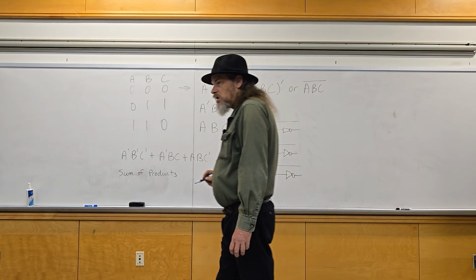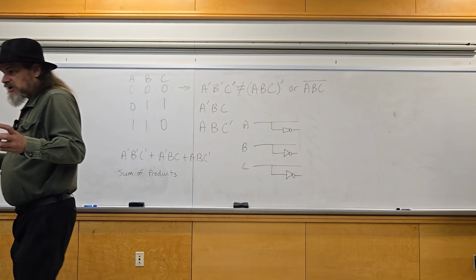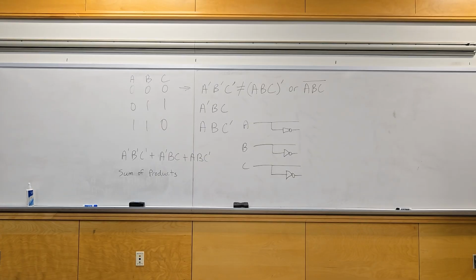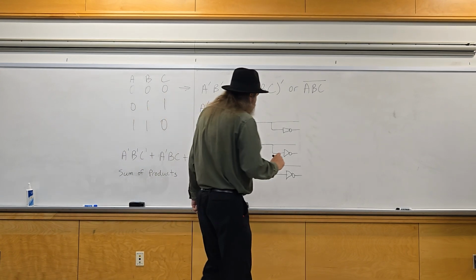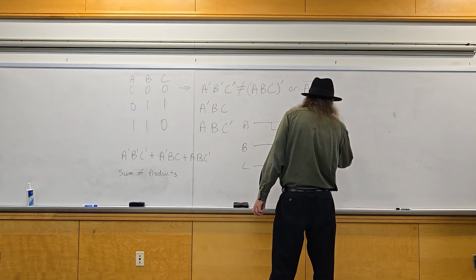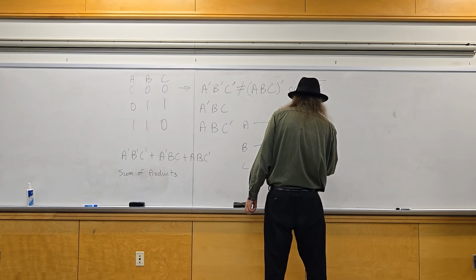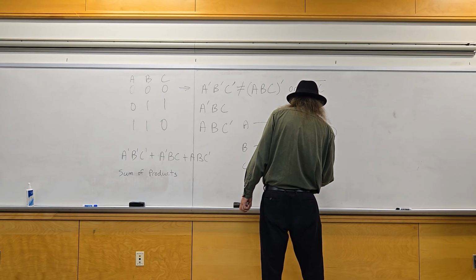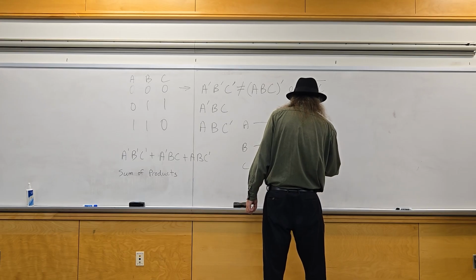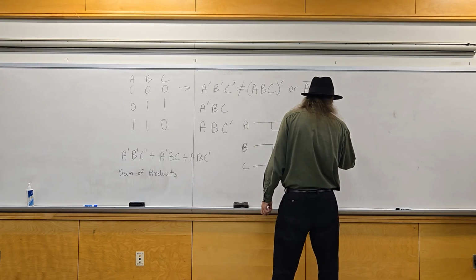And given that you're drawing these by hand, it's okay to have them a little messy. But you would have a 3-input AND gate for the first expression, which is A naught, B naught, and C naught. Okay?